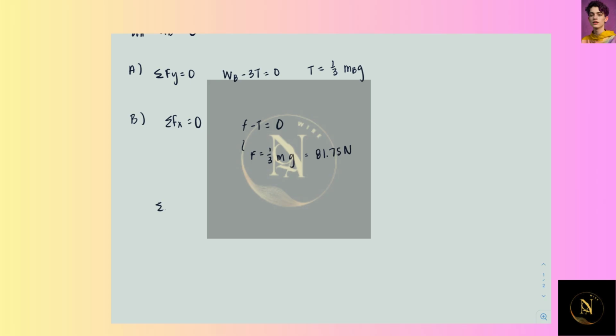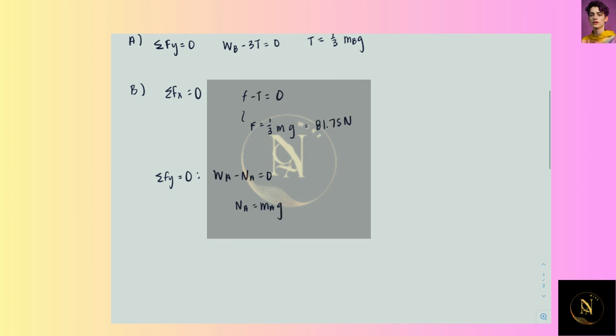And then we know that the sum of the forces in the y for A is equal to 0. So the weight of A minus the normal force of A is equal to 0. So we get that the normal force is equal to mg.